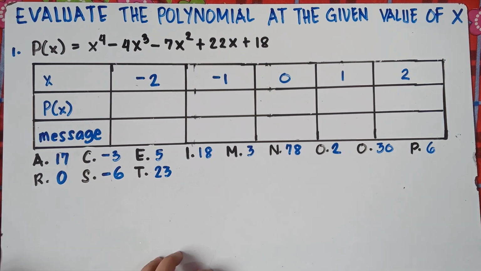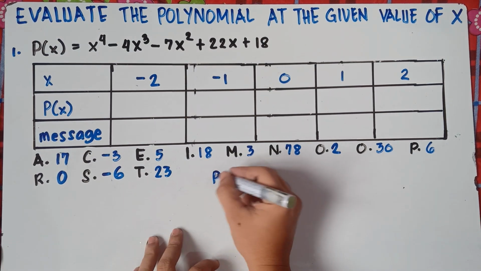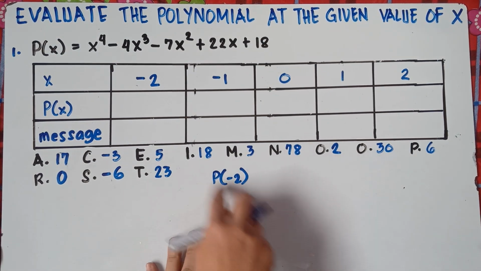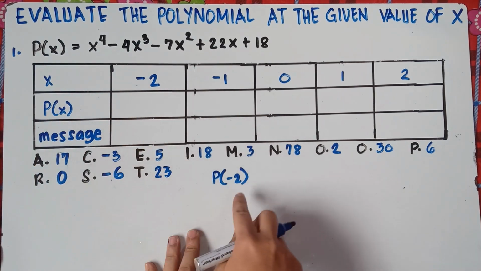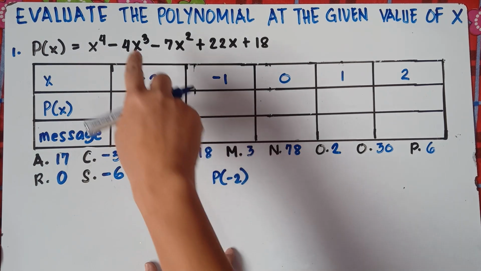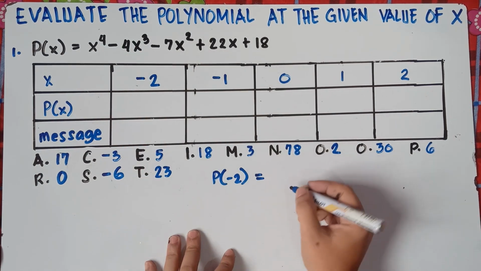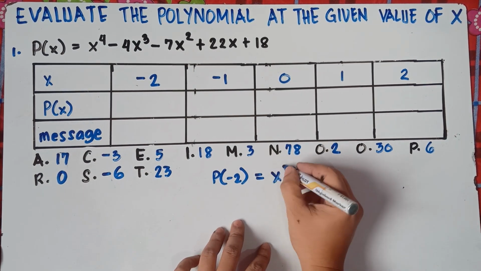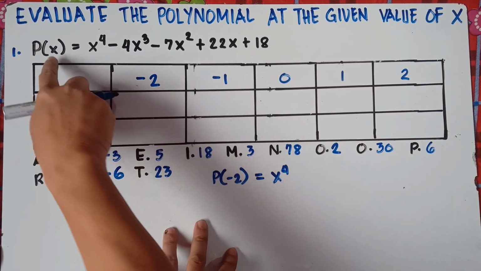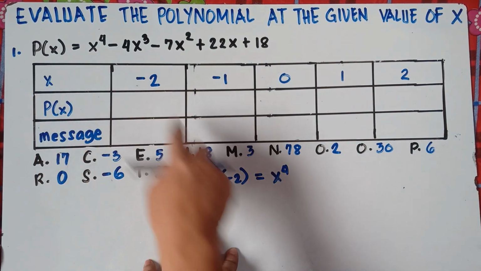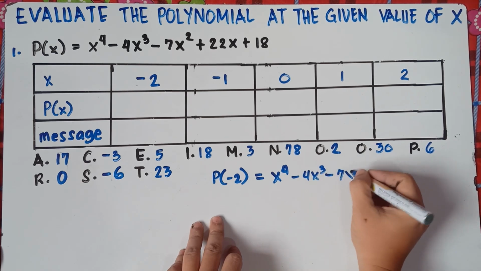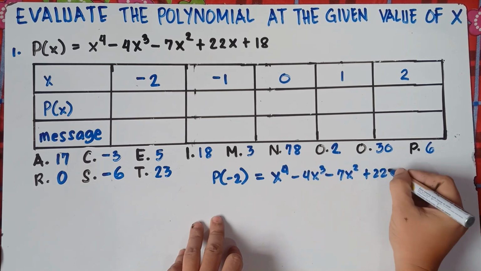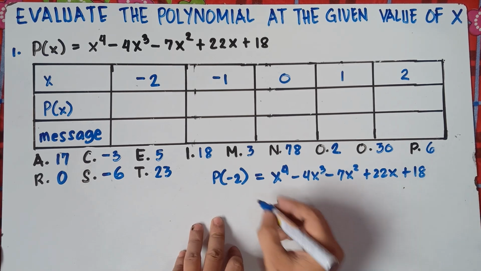So this will be p of negative 2. For x equal to negative 2, we simply substitute negative 2 into the equation. Let me copy the equation first: x raised to the power of 4, so instead of x, we change it into negative 2, minus 4x cubed minus 7x squared plus 22x plus 18.